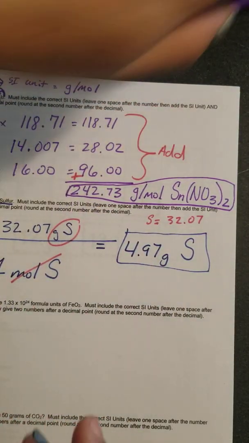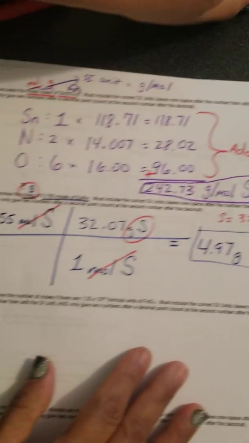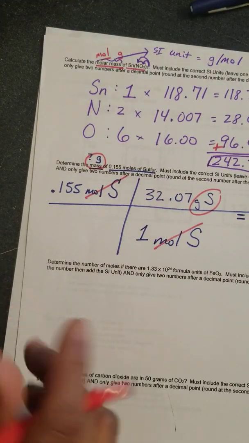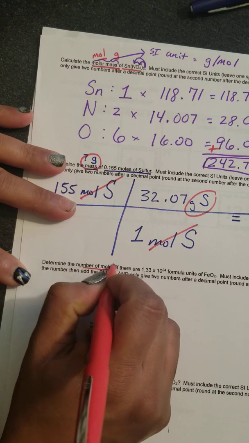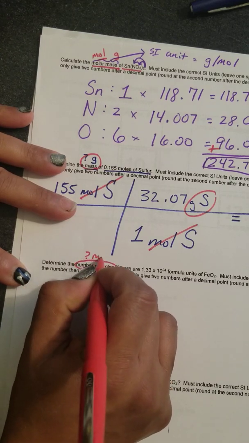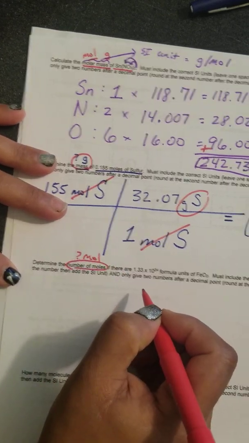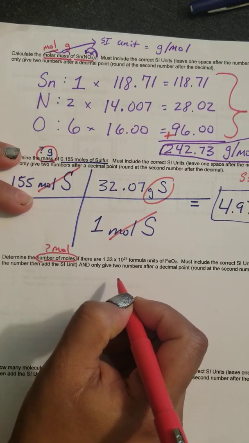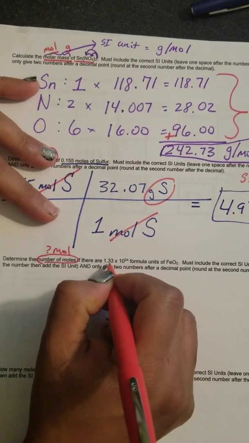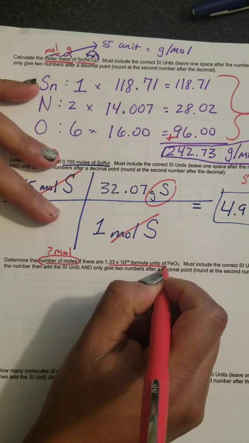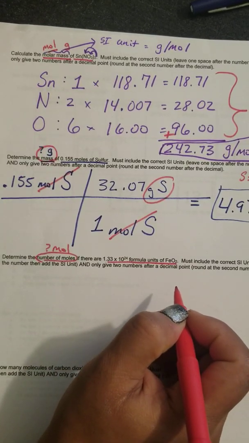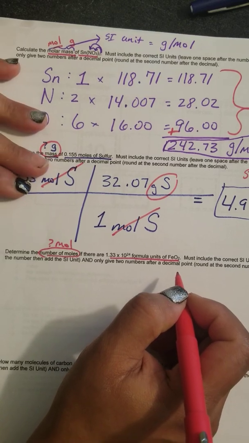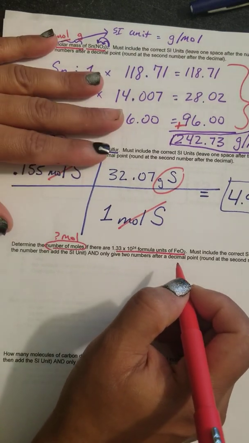Alrighty, let's keep going. Next question that's on the quiz. Determine the number of moles. So I'm going to go ahead and circle this, question mark moles. If there is 1.33 times 10 to the 24th formula units, what's the shortcut or abbreviation for formula units? FUN, fun, of iron oxide. Okay, well, what do I do when I do dimensional analysis?